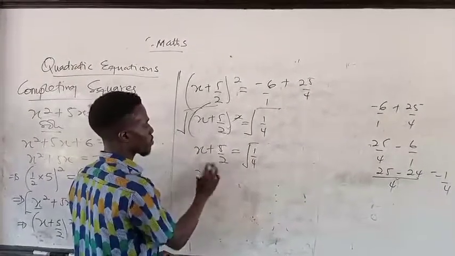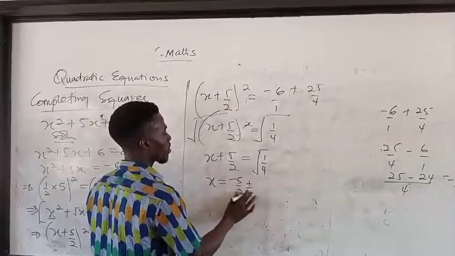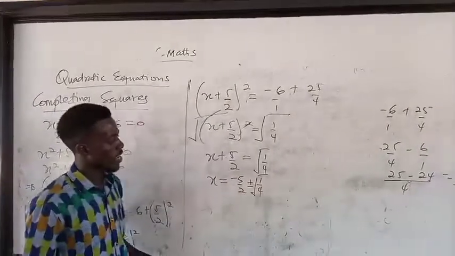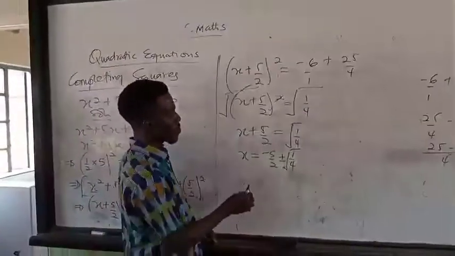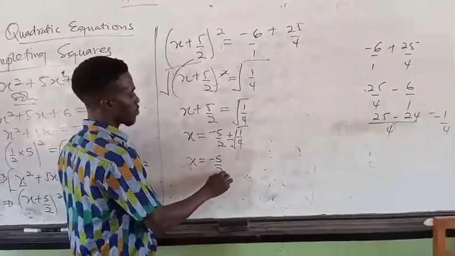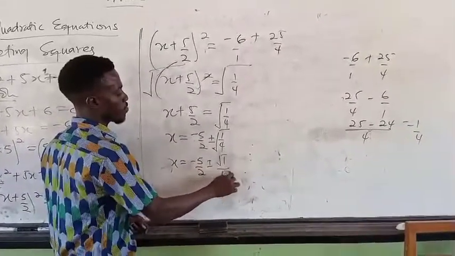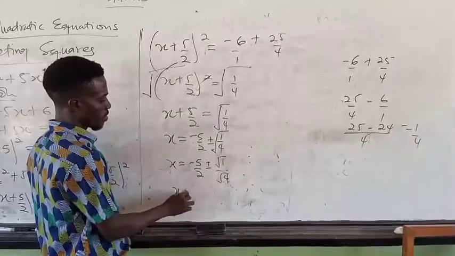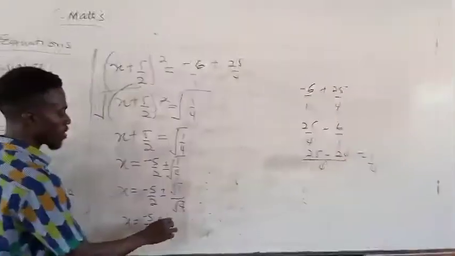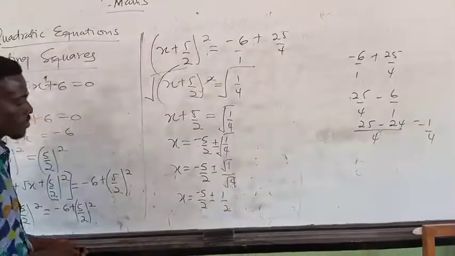Oh, sorry, x is equal to, when this thing comes in, it becomes negative 5 over 2 plus or minus root of 1 over 4 under the root sign. Now, this root becomes root of 1 over root of 4. We have negative 5 on 2 plus or minus the square root of 1, which is 1, and the square root of 4, which is 2.